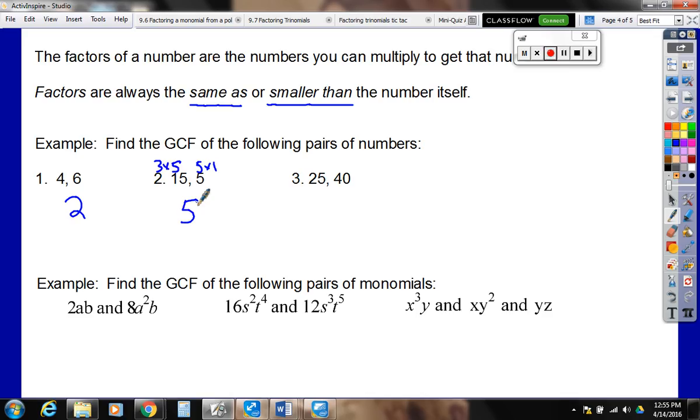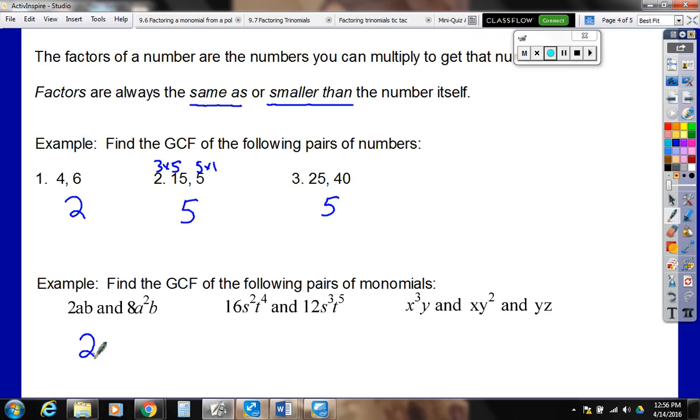Noah, greatest common factor of 25 and 40? 5. It's also 5. 5 goes into 25 5 times and into 40 8 times. Now when we're finding the greatest common factor of monomials, we first find the greatest common factor of the numbers. So the greatest common factor of 2 and 8 is 2. And then we have to pick all the variables that they both share.